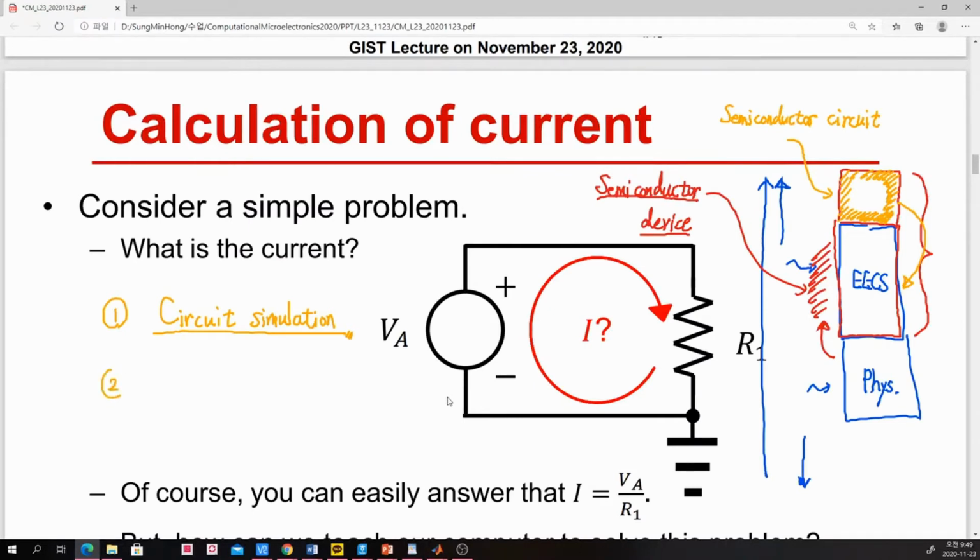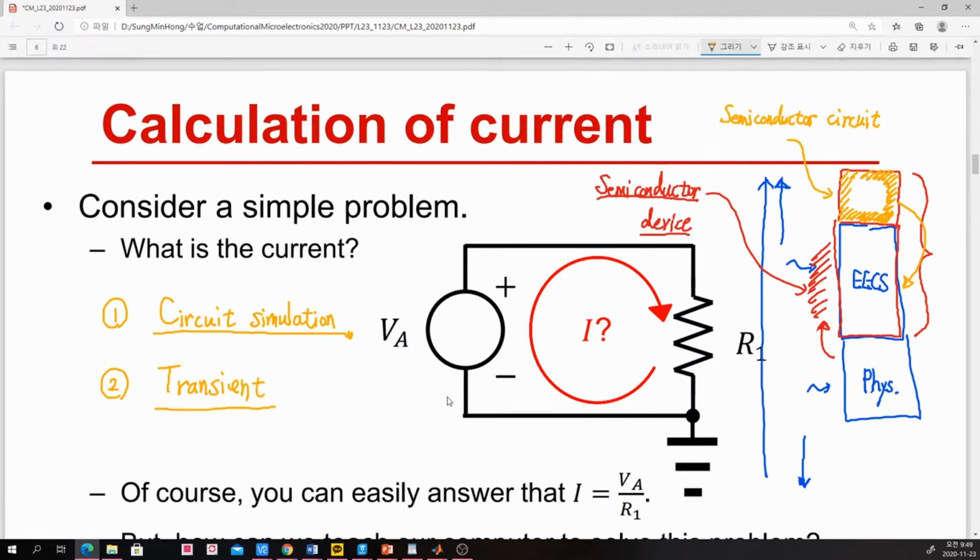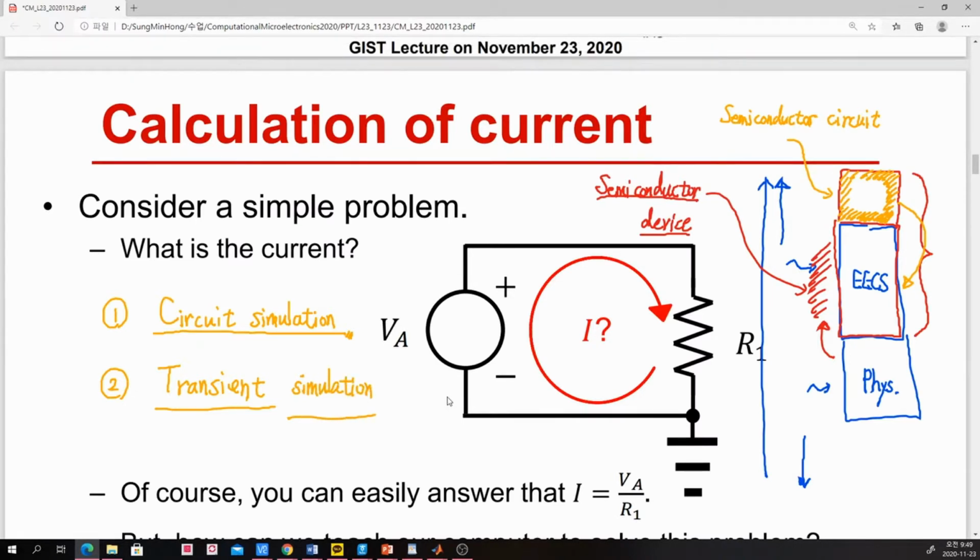And the second reason is that this is best suited to introduce the concept of transient simulation. Then, after talking about transient simulation with this circuit simulation content, we will come back to semiconductor devices and talk about how we can perform transient simulation with the semiconductor device.